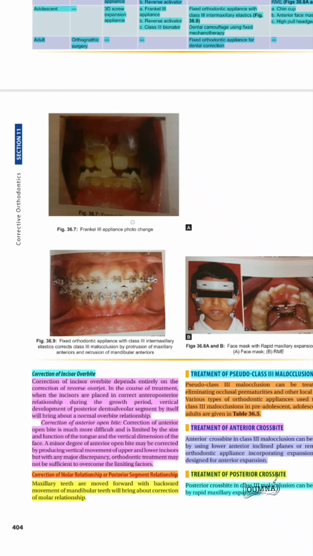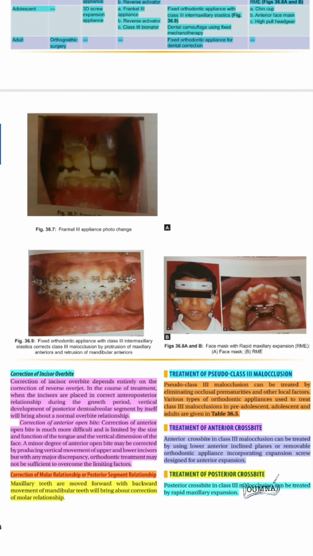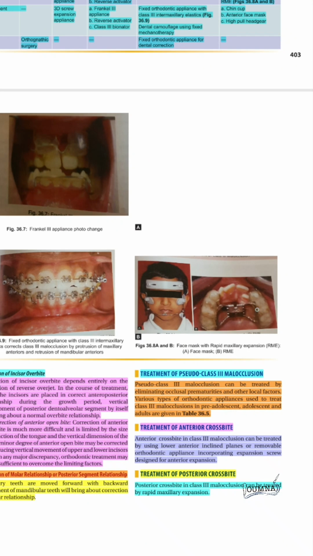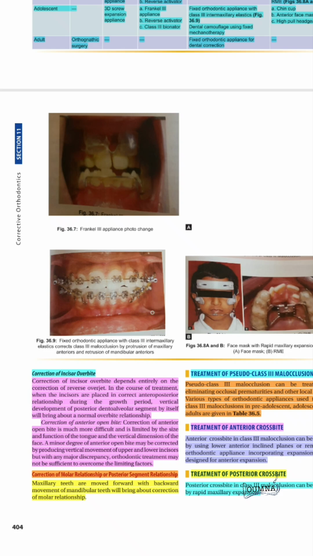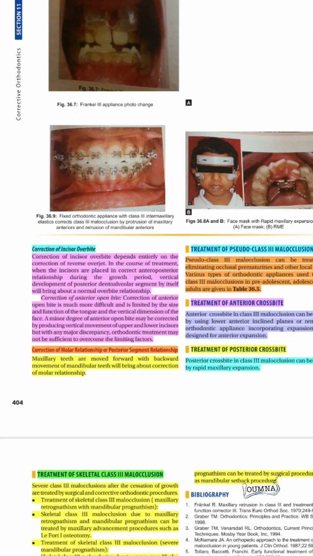This is the Frankel 3 appliance, and this is the face mask with the rapid RME. This is the fixed orthodontic appliance. We can see the intermaxillary elastics that are going to protrude the maxillary anteriors and retrude the mandibular anteriors.